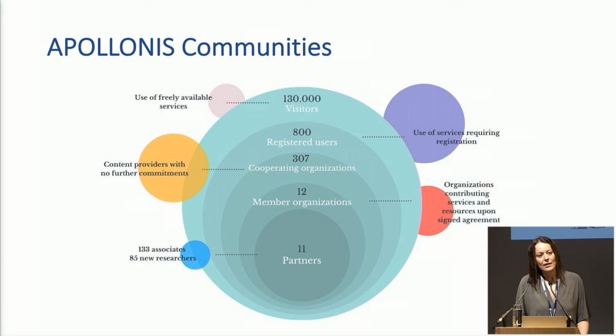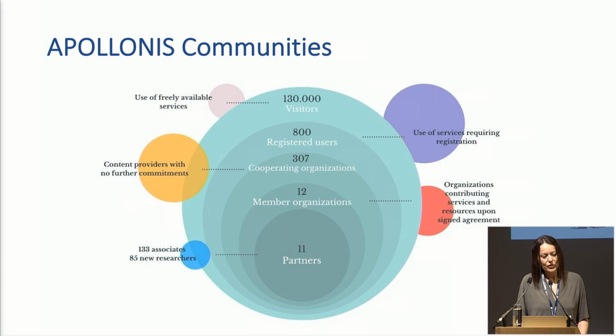And here is an additional slide with some numbers regarding the communities of Apollonis. Here, of course, the digital humanities are included. So we also have Clarin, remember, within Apollonis, and not only digital humanities, that is Daria. However, the results are very promising. We are 11 partners that have worked for this project. 12 member organizations contribute content and services upon a specific agreement.